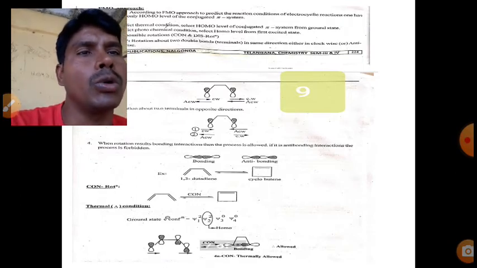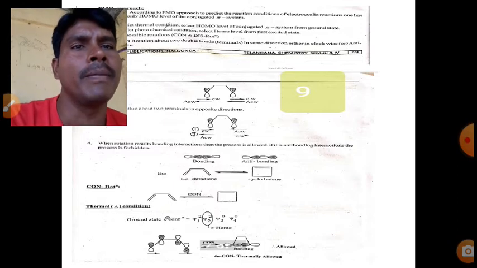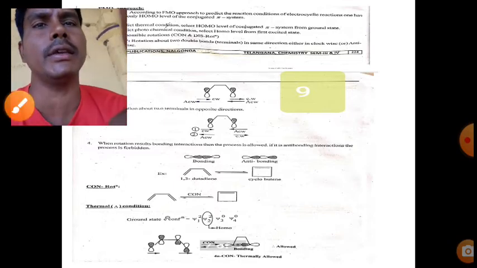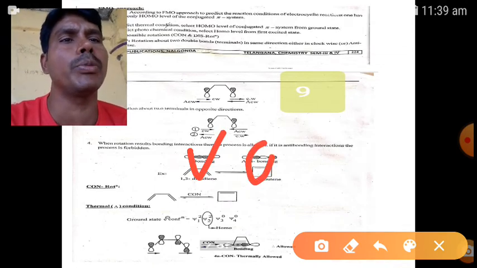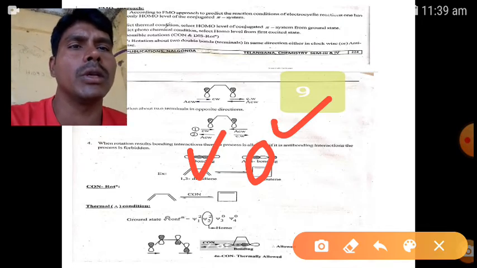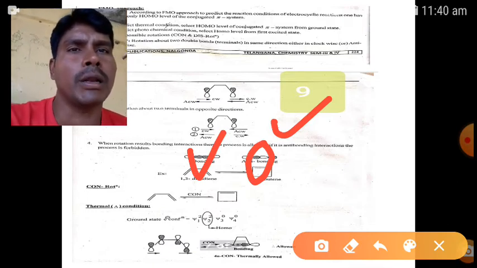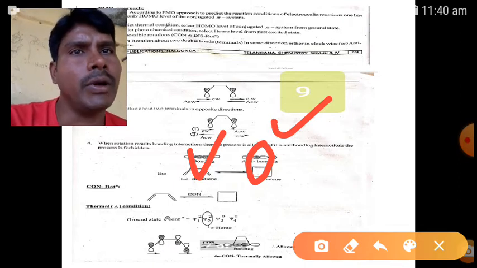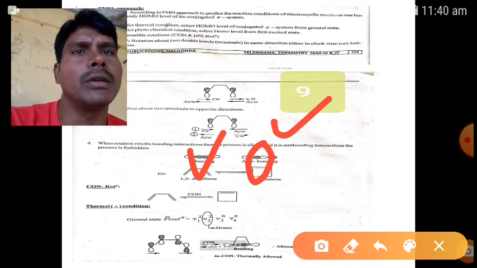So you do all possible rotations, and to predict the thermal condition, select the HOMO level from the ground state. For the photolytic condition, select the HOMO level from the excited state.